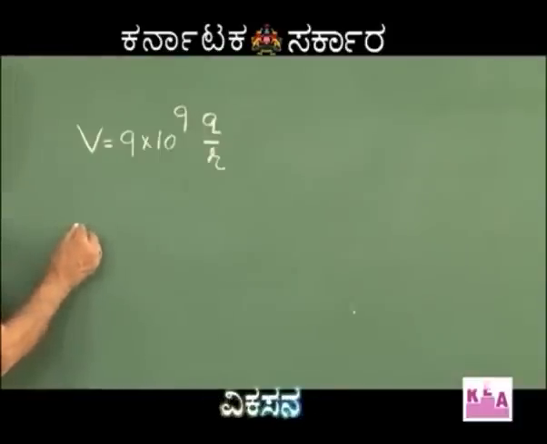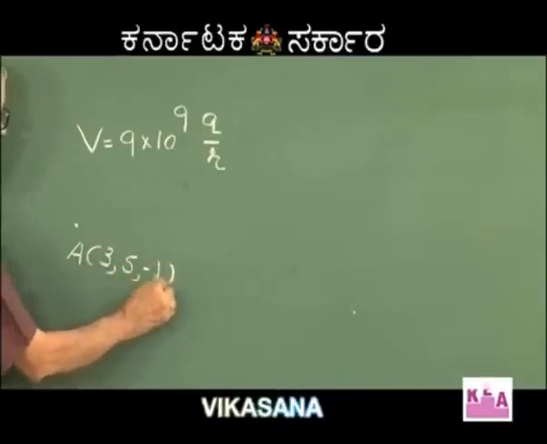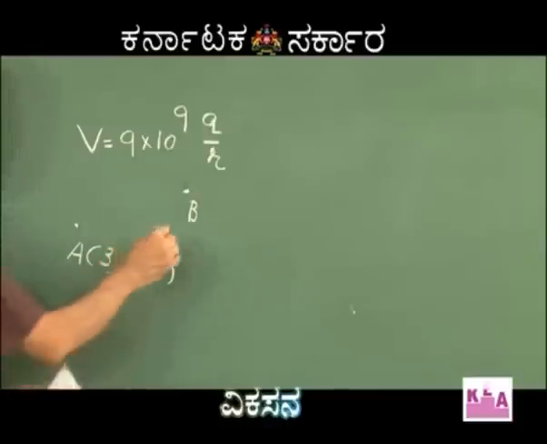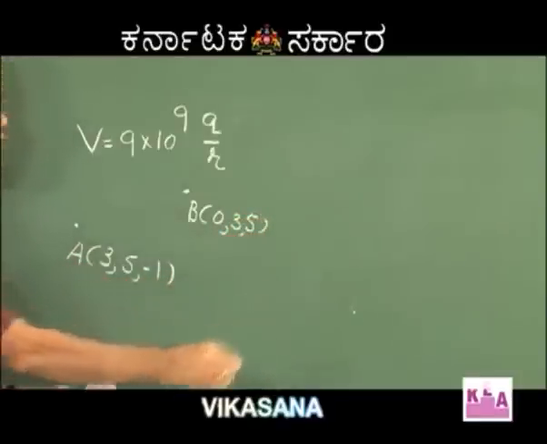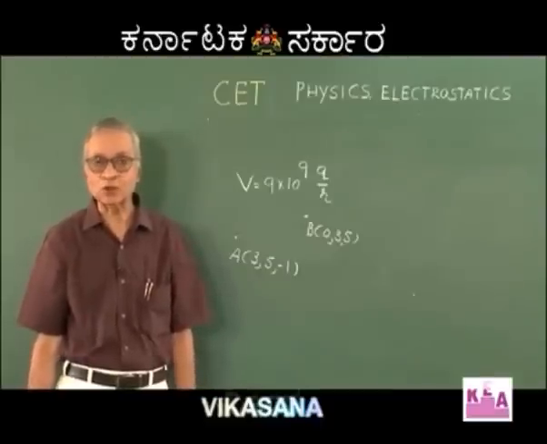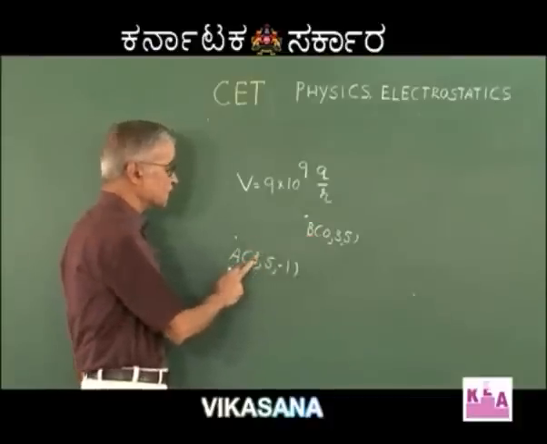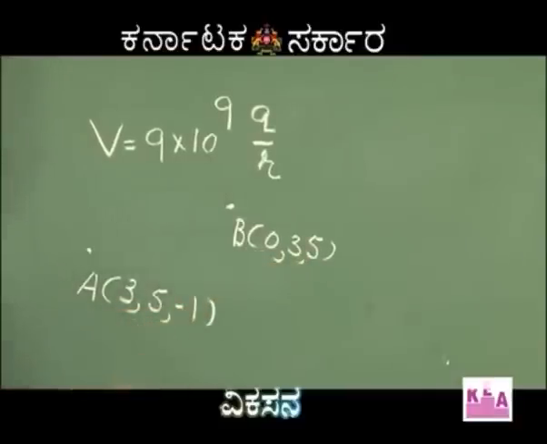The charge Q is at the point A, 3, 5, minus 1. The point B is, say, with the coordinates 0, 3, 5. Look here, by the distance formula in coordinate geometry, you know that the distance R between the points A and B is given by under root of x2 minus x1 whole square plus y2 minus y1 whole square plus z2 minus z1 whole square.